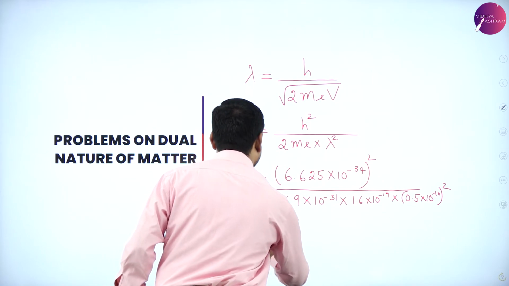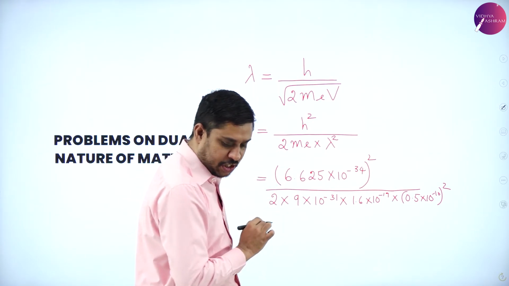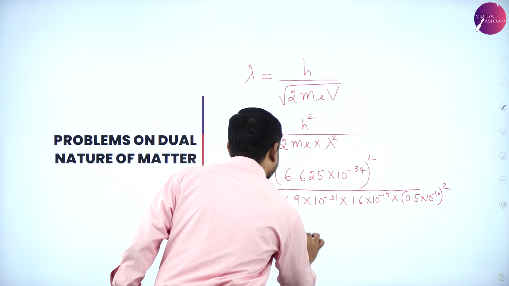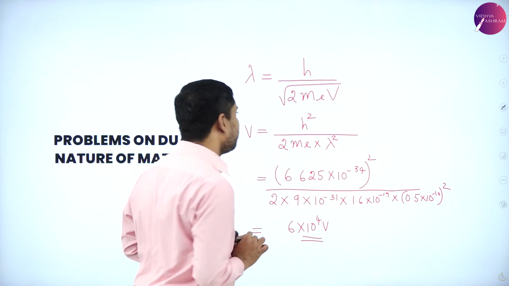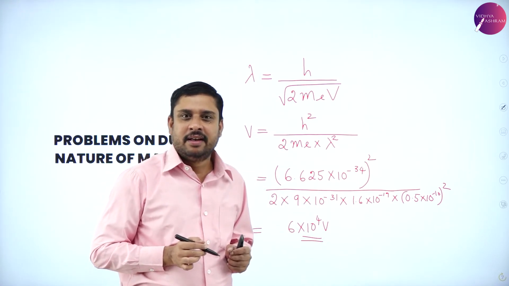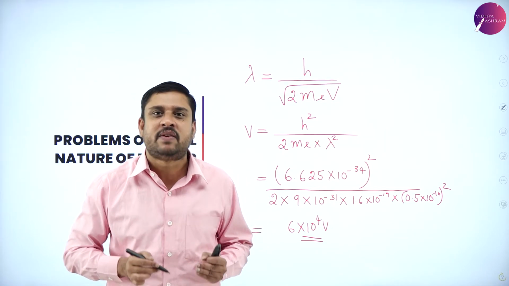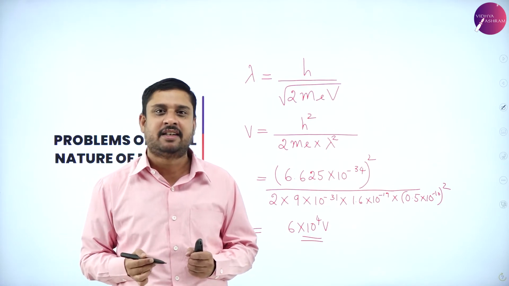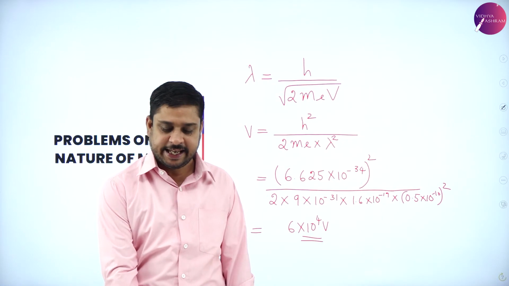So this turns out to be, on simplification, 6 into 10 power 4 volts. See again, a simple 2 marker. If I know expressions relating de Broglie wavelength with a given factor, the problem can be solved very, very easily.